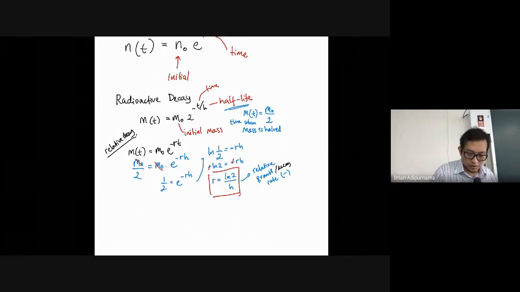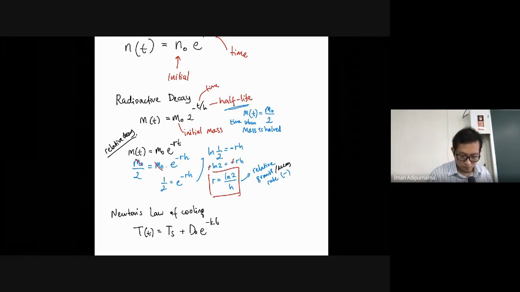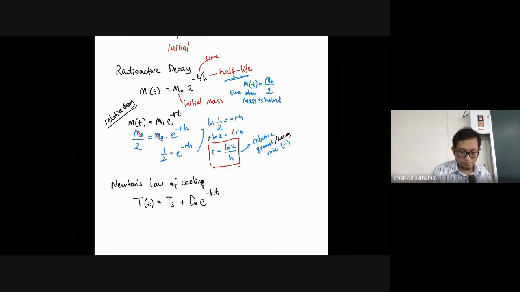One more. It's called Newton's law of cooling. So it's related to physics. Cooling means the temperature changes from the higher temperature to cooler.